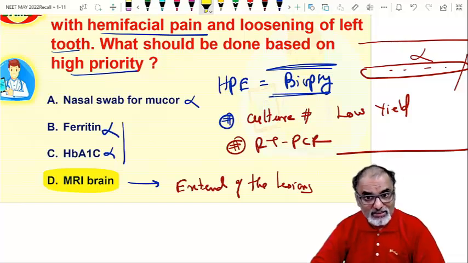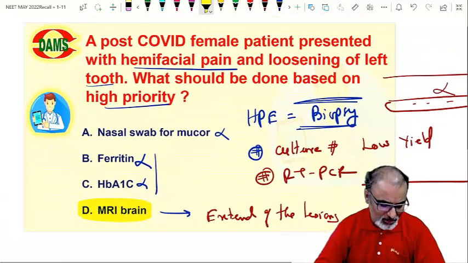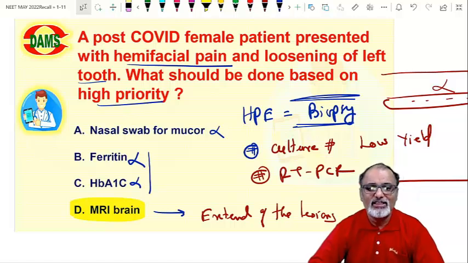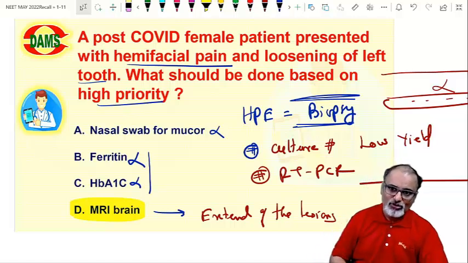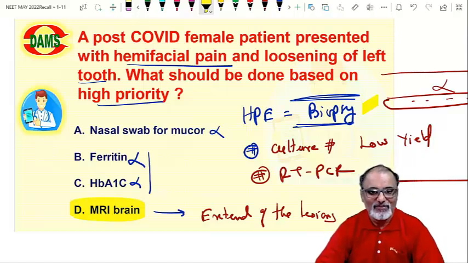If involvement is there, based on that you can plan for surgery. Whether it's surgical or medical or combined, everything you decide based on the MRI. Even though biopsy proves it, you need to go for MRI. It's integrated. All investigations are integrated.